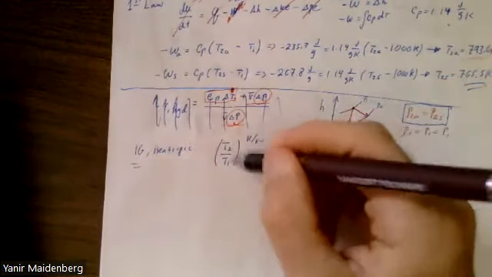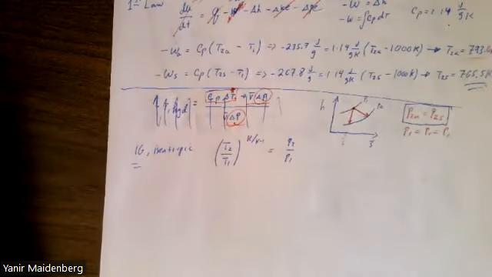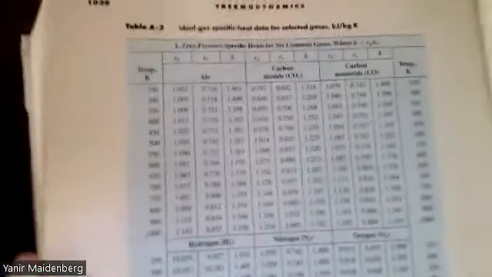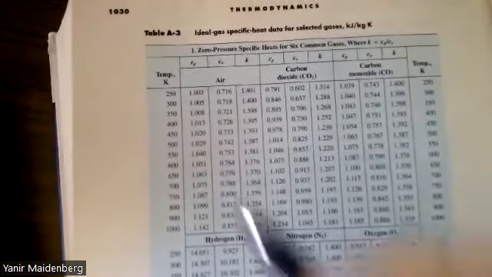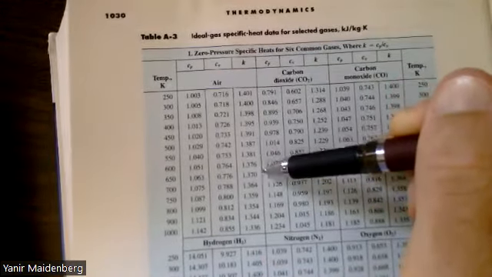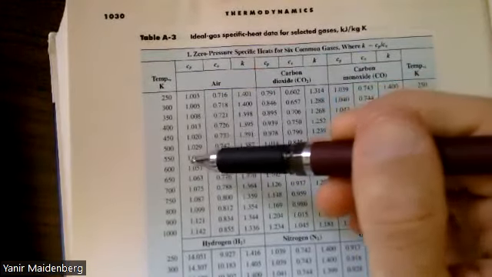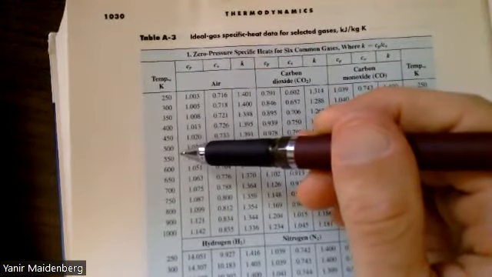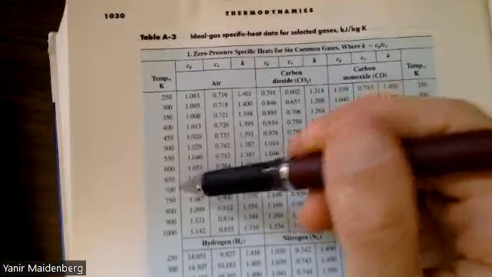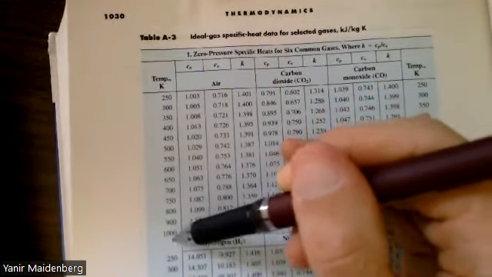We have now both temperatures. We have the initial pressure. K we can get from the back of the book. Again, we have air. You could see it kind of stays the same throughout these ranges. We're operating around 800 to about 1,000.